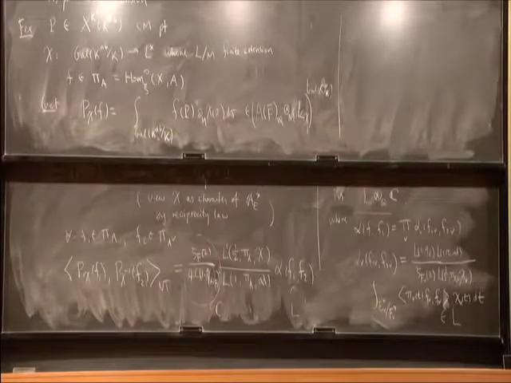That one factors through a map to R tensor M, and then that part is the trace map.